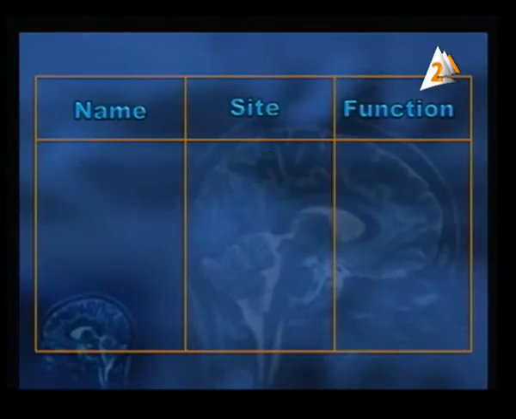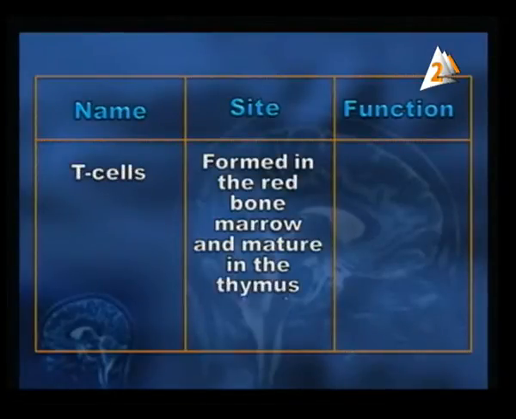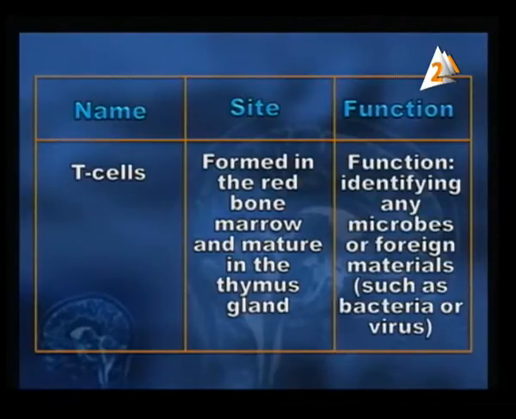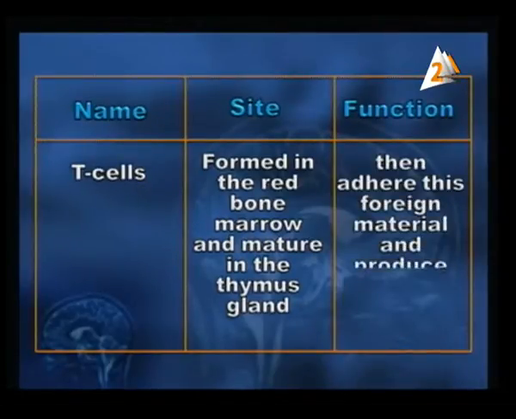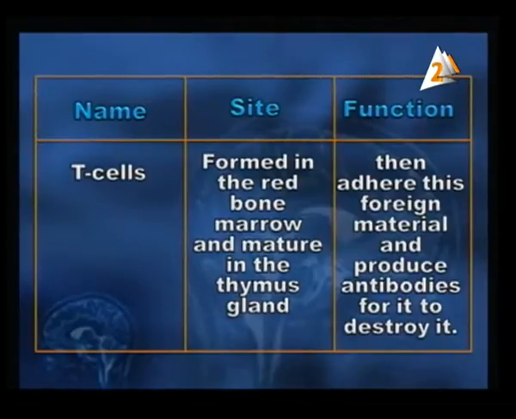T cells are formed in the red bone marrow and mature in the thymus gland. Function: identifying any microbes or foreign materials such as bacteria and viruses, then adhering to these foreign materials and producing antibodies to destroy them.